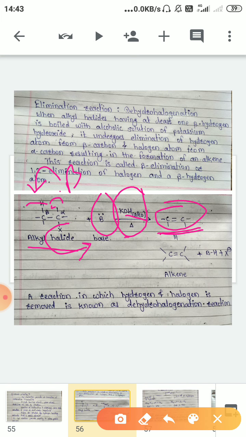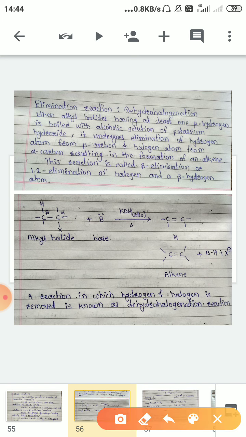Such a reaction is known as a dehydrohalogenation reaction. If alcohols are there, we can write the same reaction, but the reaction name will be dehydration, because there will be removal of an H2O water molecule. That means elimination reactions can be shown by different functional groups.